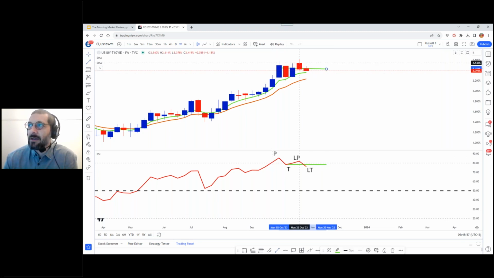There was a slight jump last week where it pushed up, but largely the real yield is moving sideways. And with this failure swing in the RSI, I wonder if that is suggesting to us that the yield may be coming down.